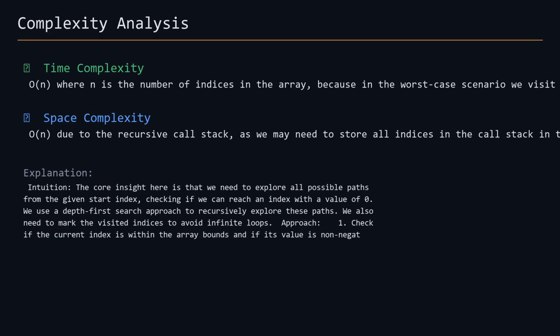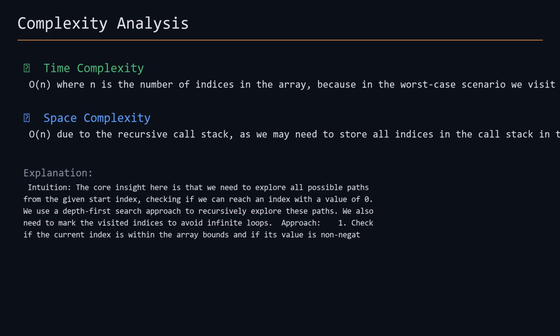The line if start < 0 || start >= arr.size() || arr[start] == -1 return false, checks if the start index is within the array bounds, and if the value at the start index is non-negative. The line if arr[start] == 0 return true, checks if we've reached the goal index with a value of 0. The line int temp = arr[start], stores the value at the start index in a temporary variable.